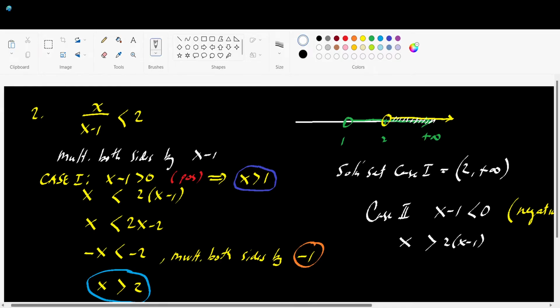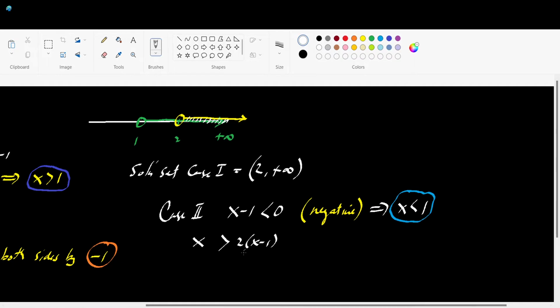Then we work on this inequality. So x is greater than 2x minus 2. Once again, we transpose 2x to the left. That will be negative x greater than negative 2. Multiplying both sides by negative 1 to make negative x positive, that becomes x less than positive 2.